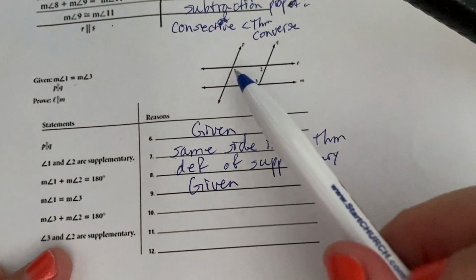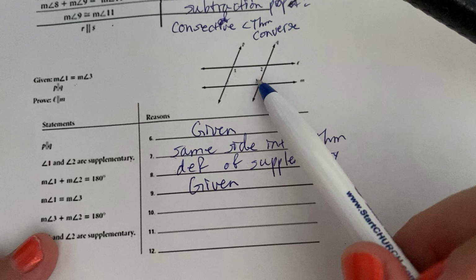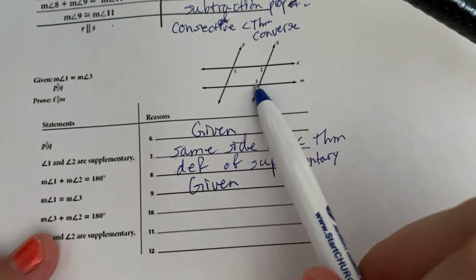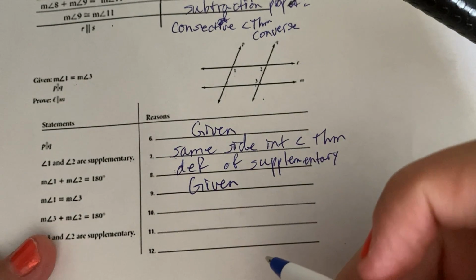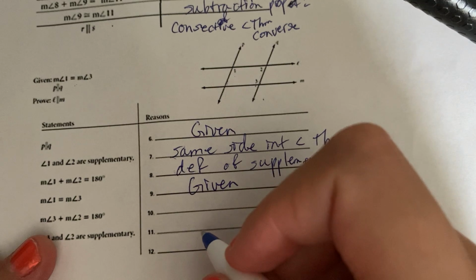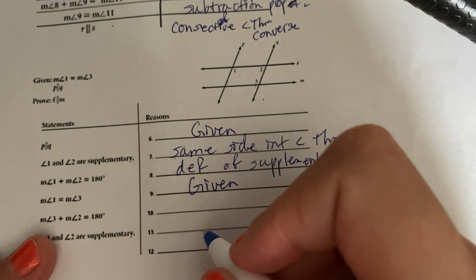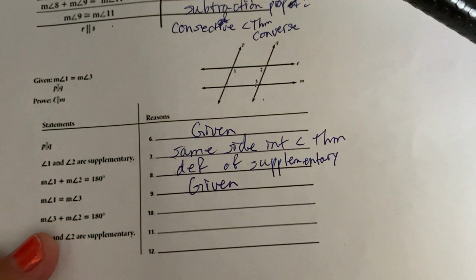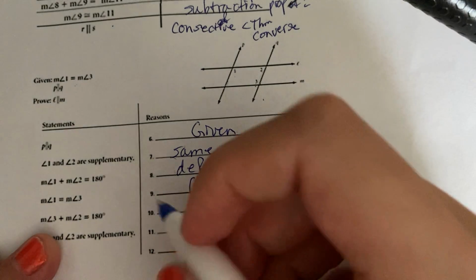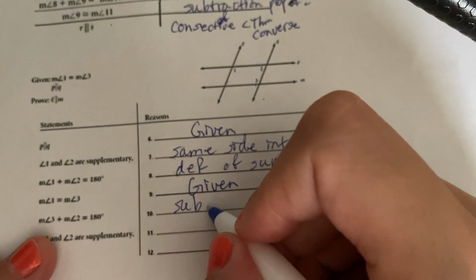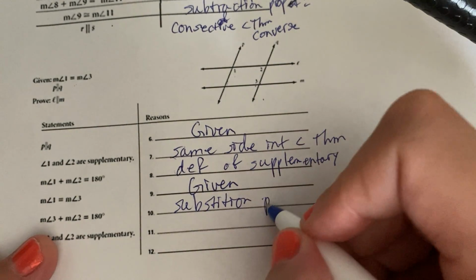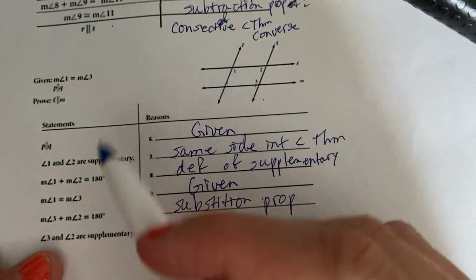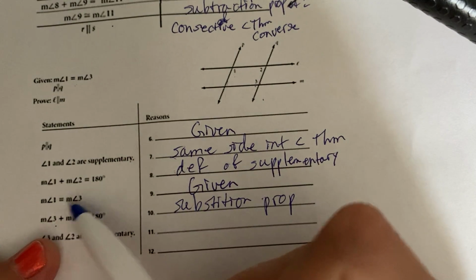All right, and then since 3 and 2 are equal to 180 as well, because of the substitution property. See, they just substituted the 3 in for the 1.